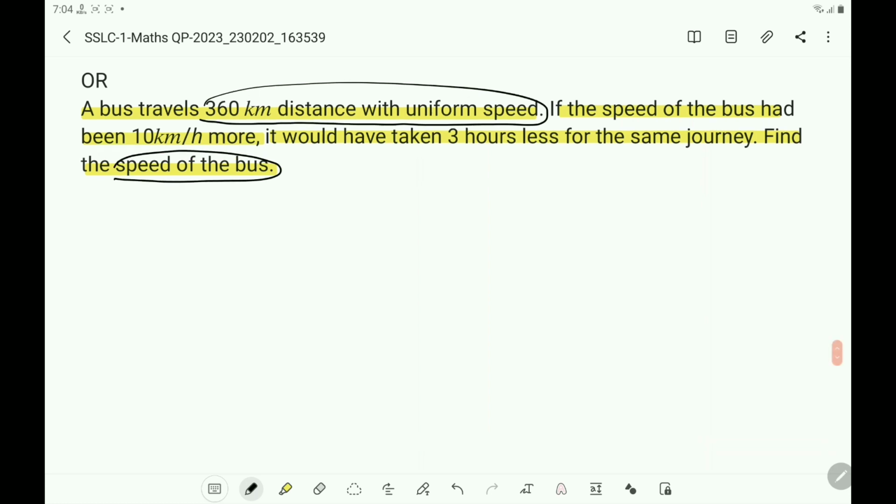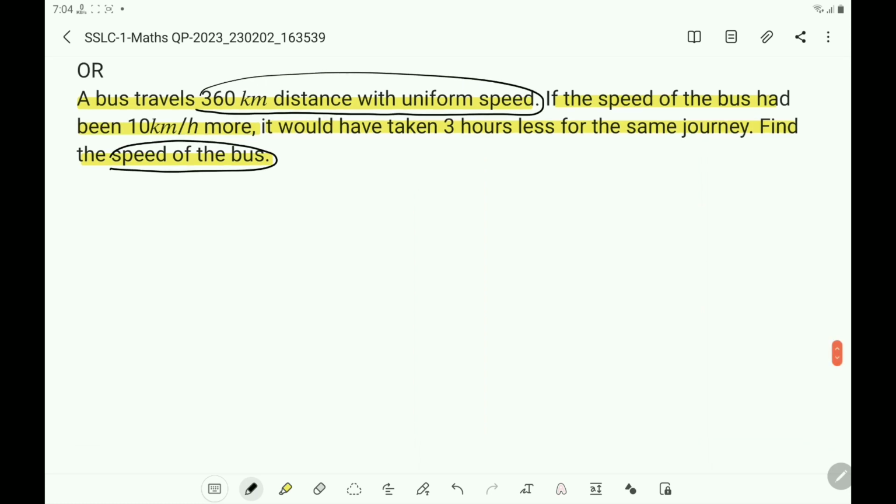So you take, let the speed of the bus equal x kilometer per hour. And here the time taken is given. If the speed of the bus had been 10 kilometer per hour more, speed increases means time taken decreases.